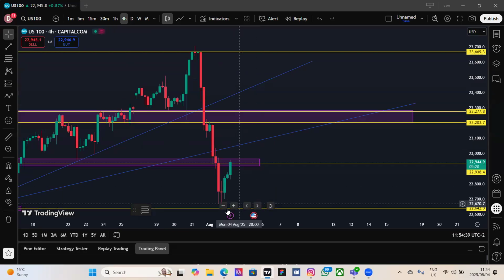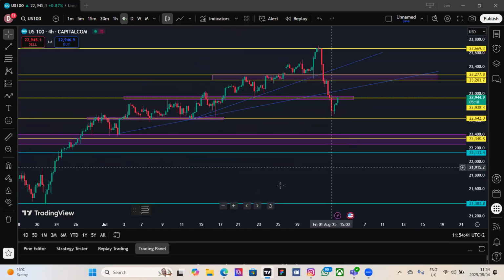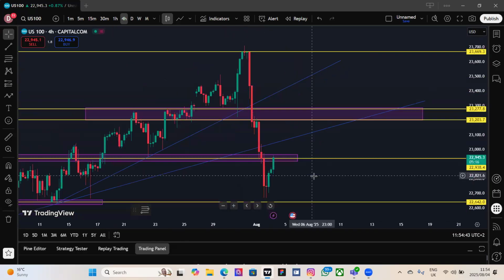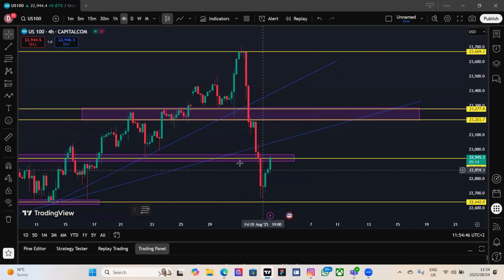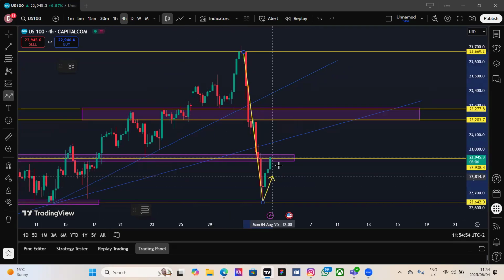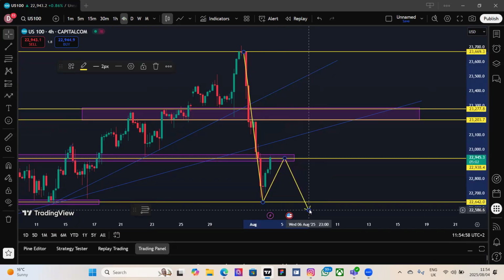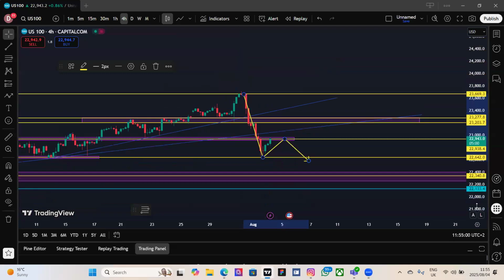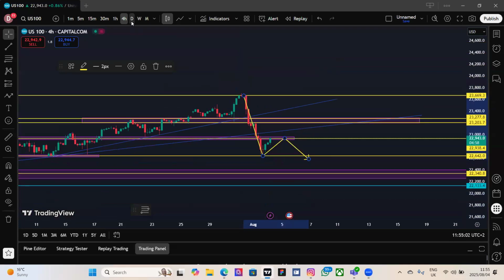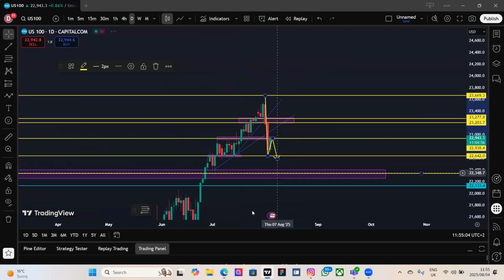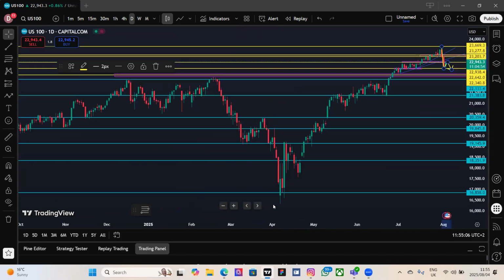So what I am anticipating overall is that we can maybe see a bit of a retest and rejection within this level here. Now that we've dropped, this zone could be a level where we could bounce off and then retest and break through. Let me zoom out on the daily.